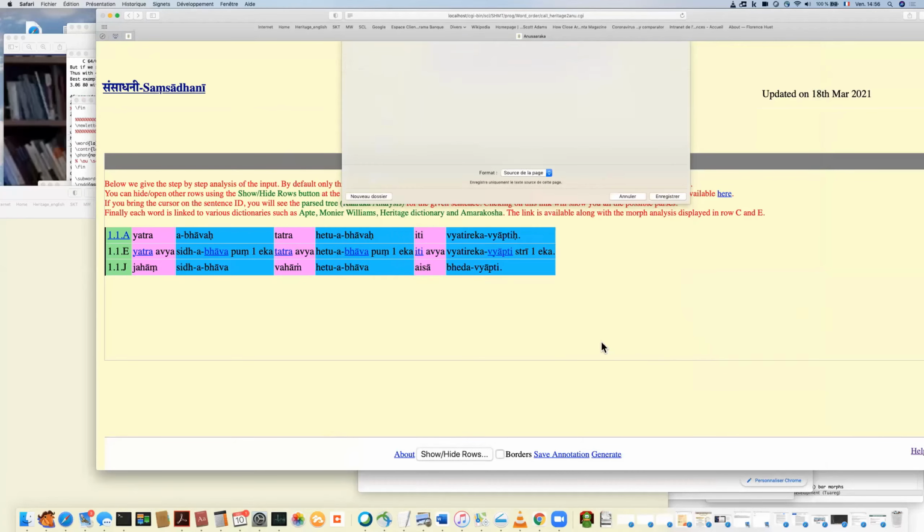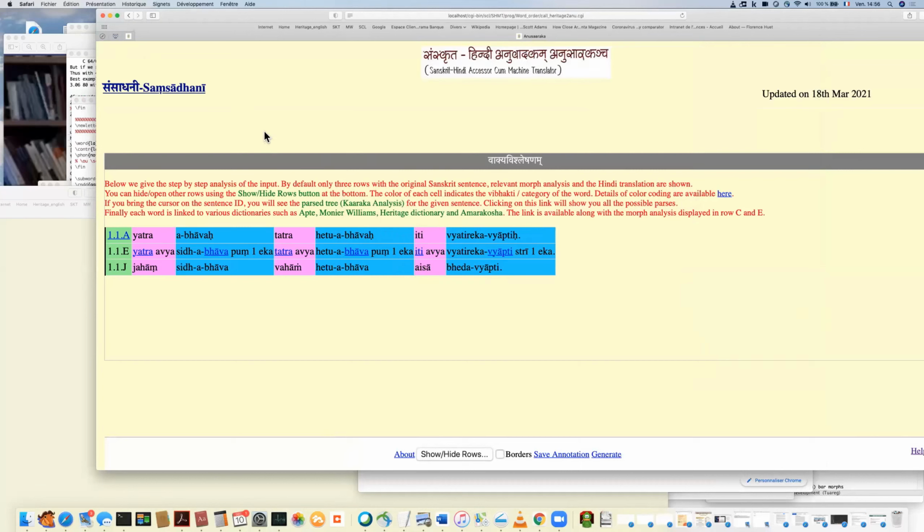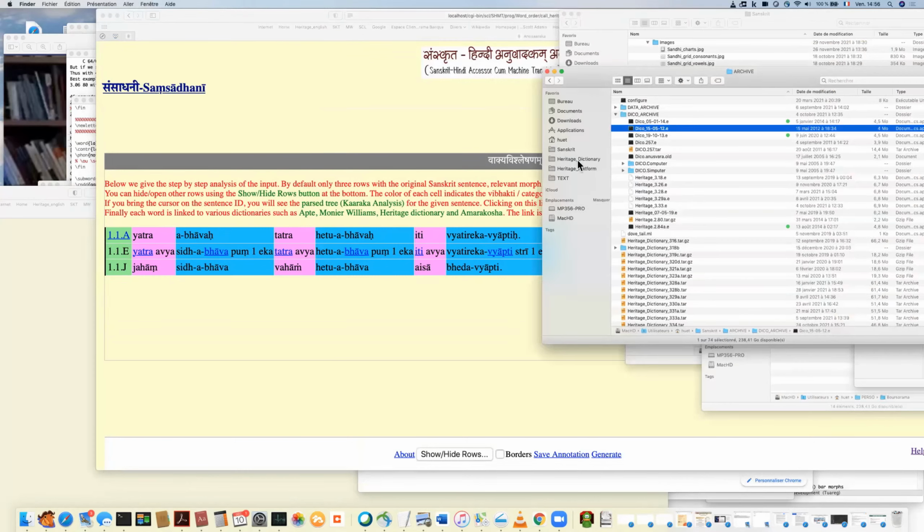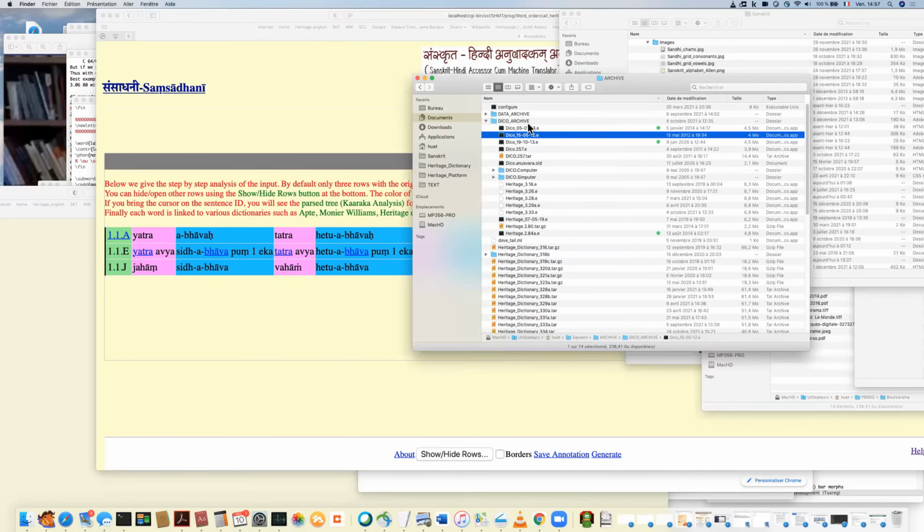Another way to keep it, of course, is to use your operating system commands to store the contents of a page. Like here, on my Mac machine, I can always grab any window. And now it's saved somewhere on my machine, probably here, as an image.